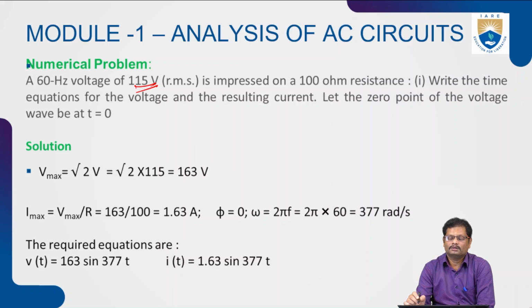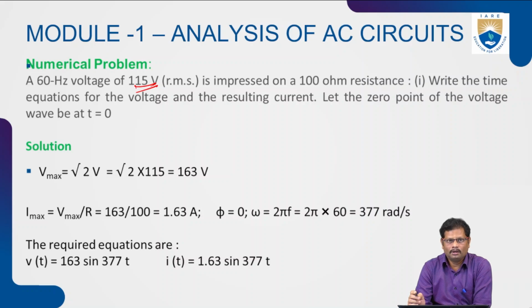We need to write the time equations for the voltage and the resulting current. Let the 0 point of the voltage wave be at t equal to 0. So we need to find the instantaneous value at time t equal to 0 seconds.